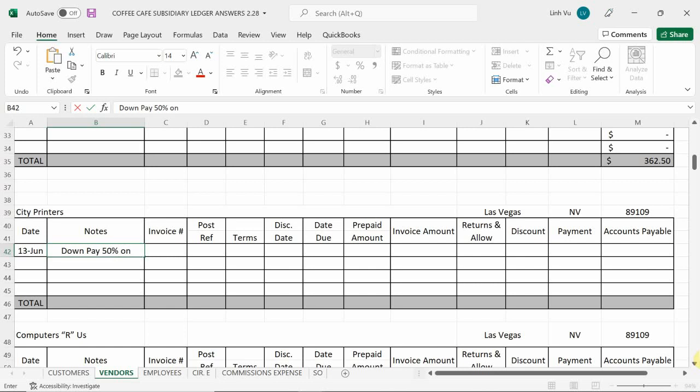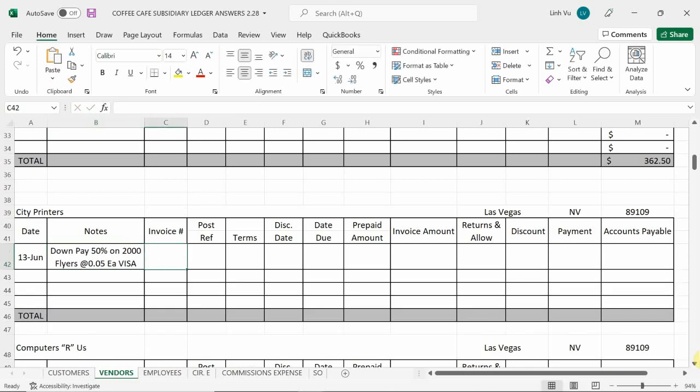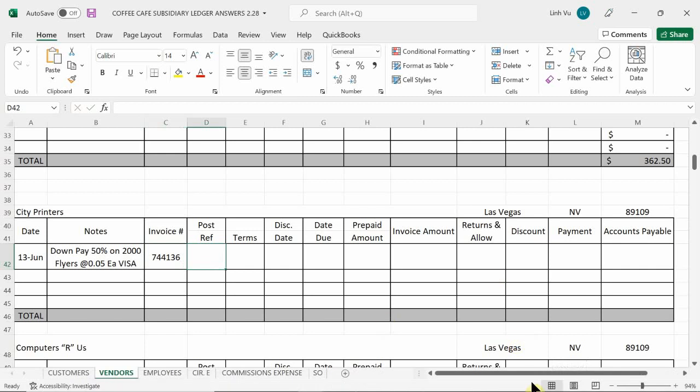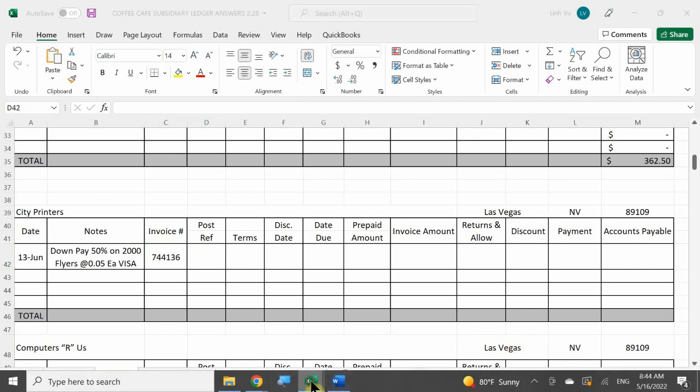$50 on 2,000 flyers at 5 cents each. And you use Visa Payable to pay for it. The invoice number is the order number 744136. Post reference: where did we place that in our journal?